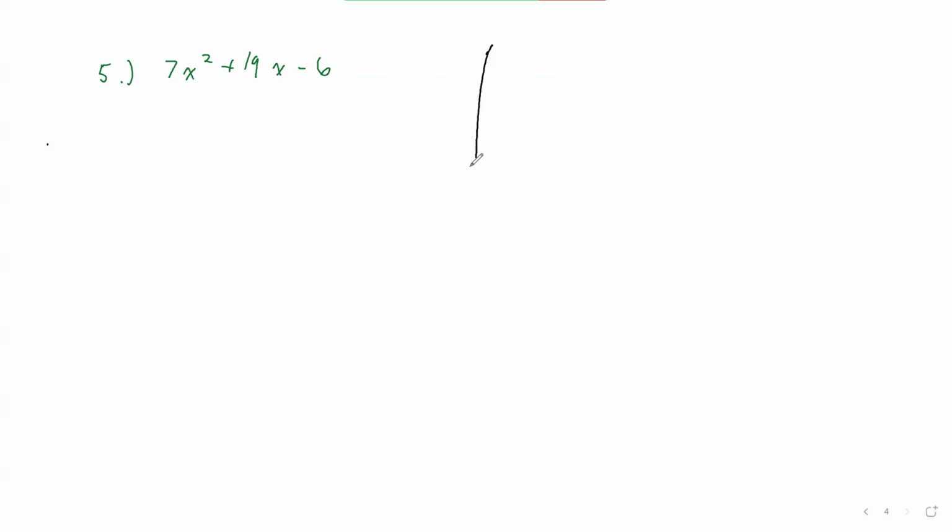So now when I do my T-chart, I'm going to multiply my A times my C. In this case, that is 7, because this is A, B, C. So that's 7 times -6. What's that give me? -42. That would have been the next one. 8 times 7, yep.